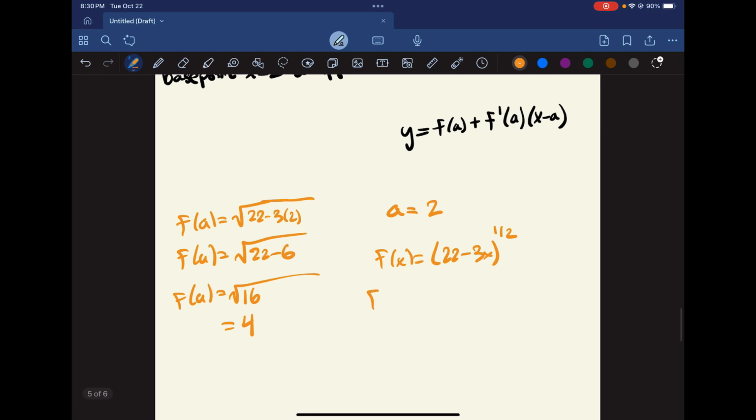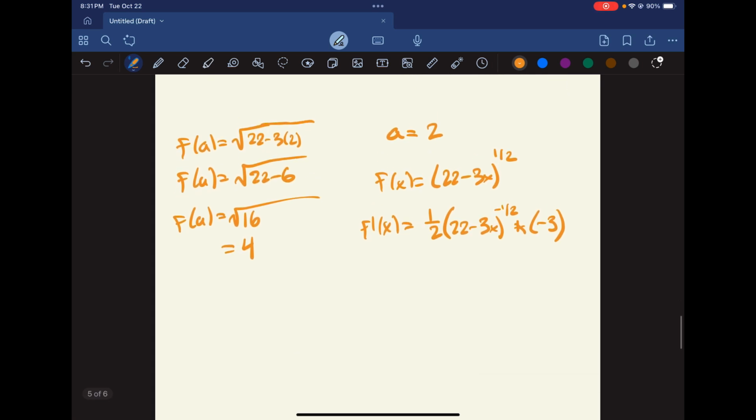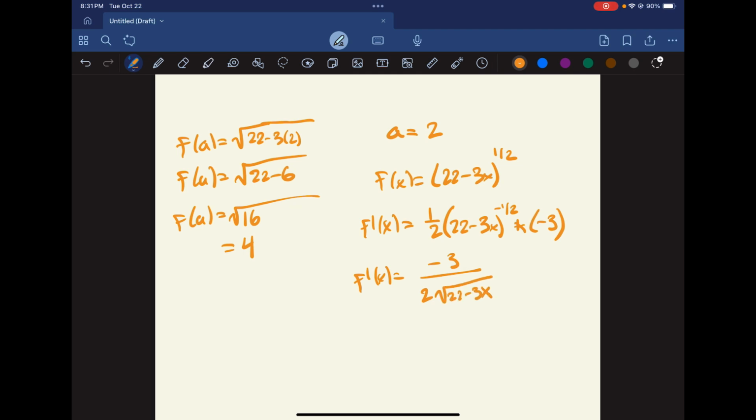And the derivative of that would equal 1/2 times 22 minus 3x to the negative 1/2 power times negative 3. And then that would equal negative 3 divided by 2 square root of 22 minus 3x.